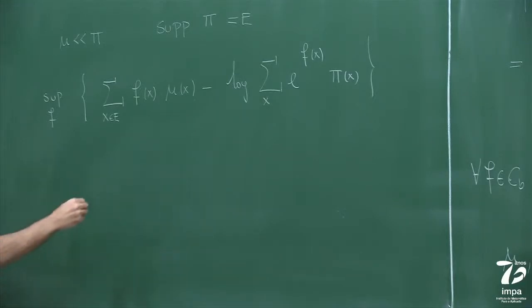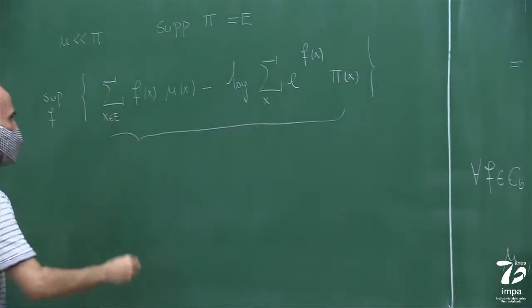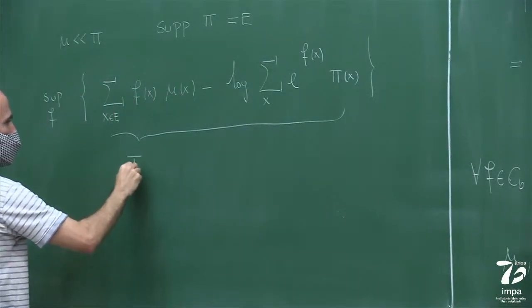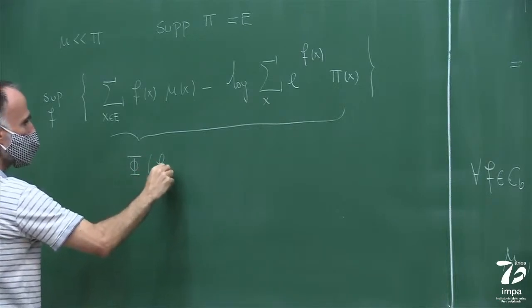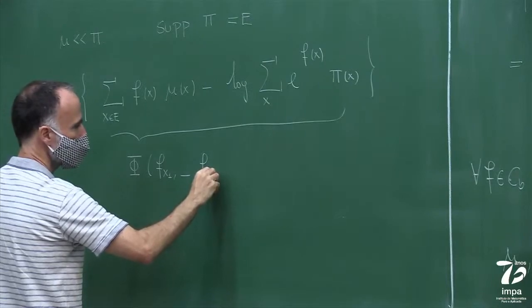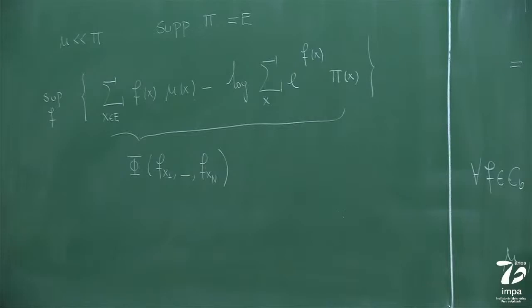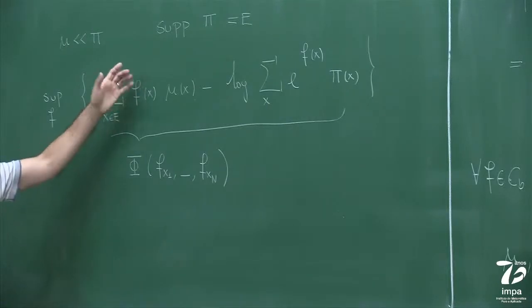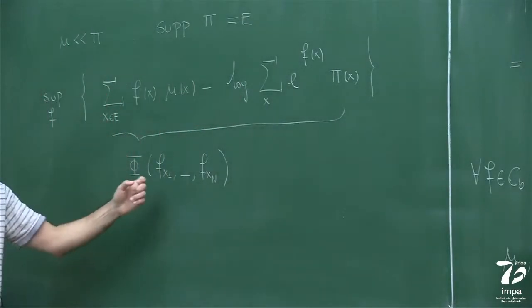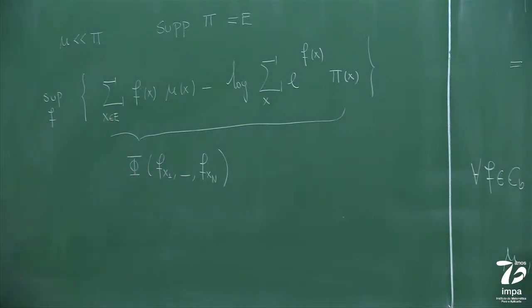All right, so this is a function of E variables. This is a function phi of f(x1), ..., f(xn), let me call it n, if n is the total number of points of E. I'm understanding these are real numbers, f(x1) up to f(xn), and therefore this is a function of all these variables.